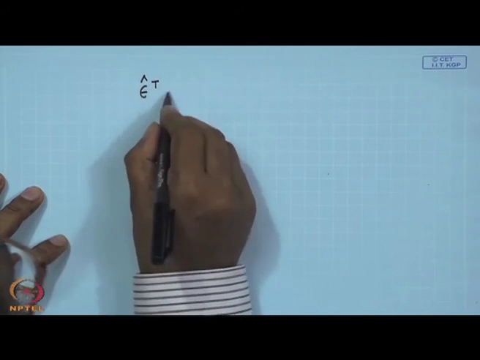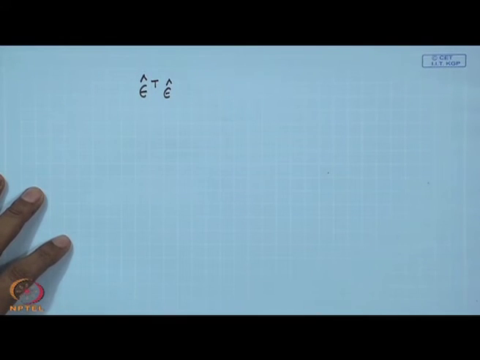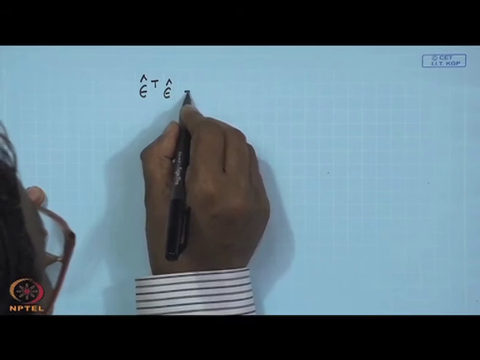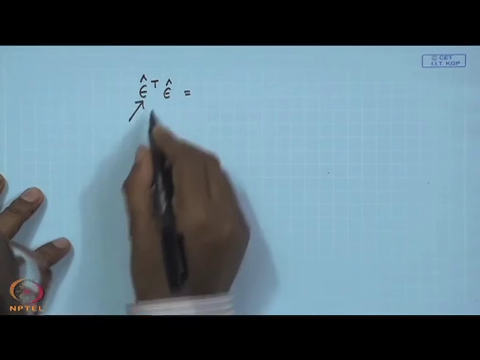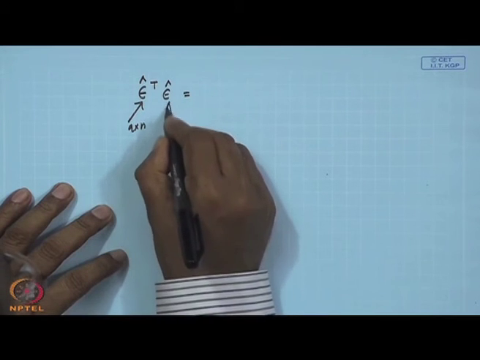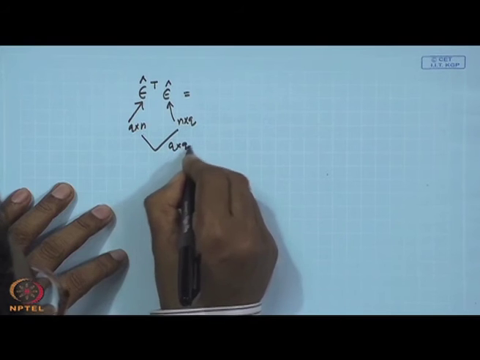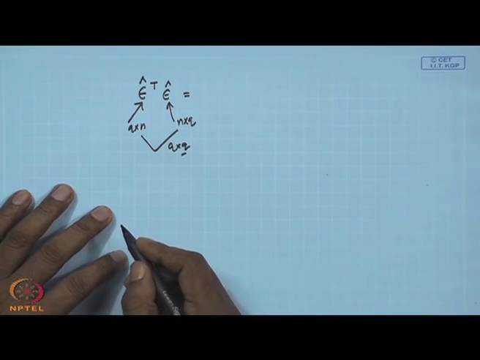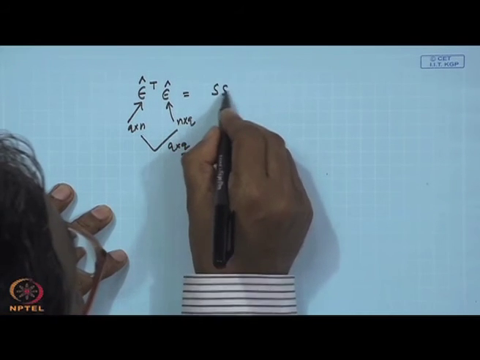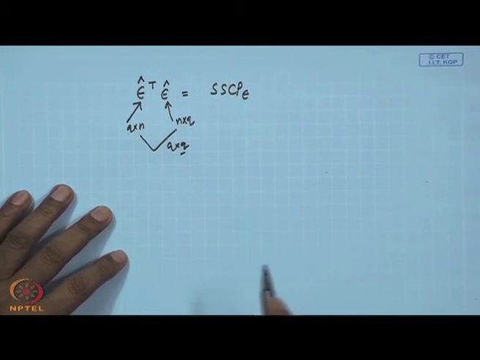Now, if I make epsilon cap transpose epsilon cap, then what is this value? Epsilon cap transpose will be q cross n and epsilon cap will be n cross q. So this quantity will be q cross q. Okay. So this is your SSCP error part.